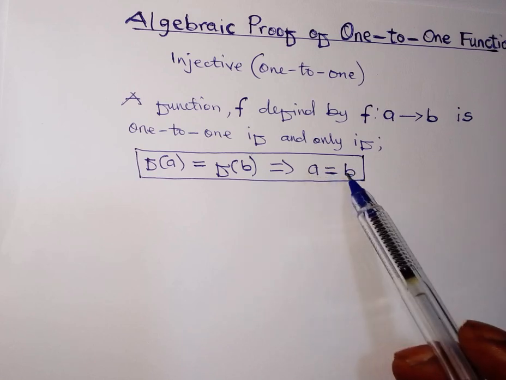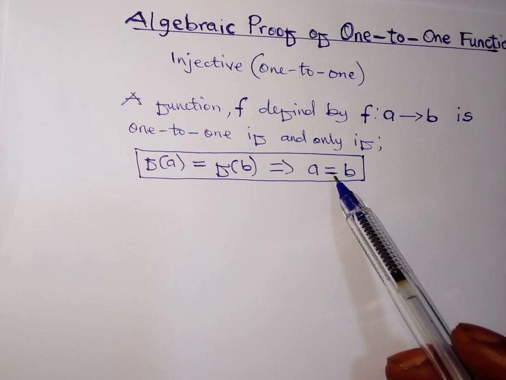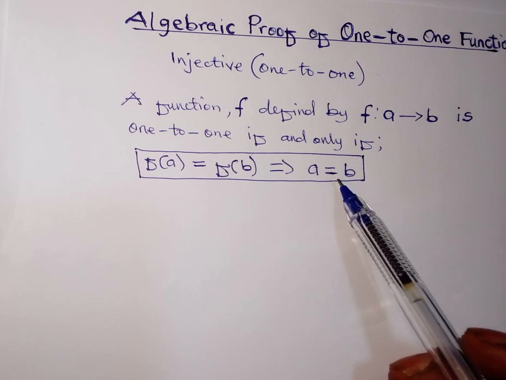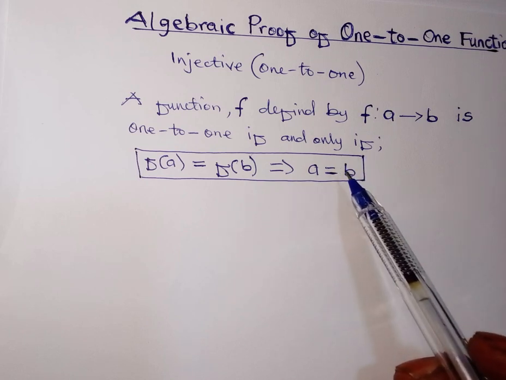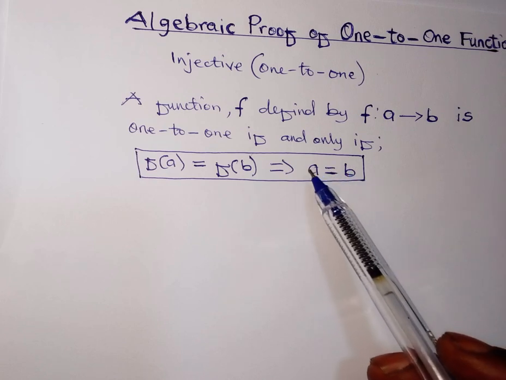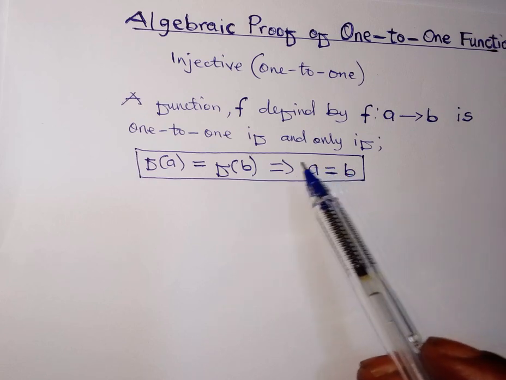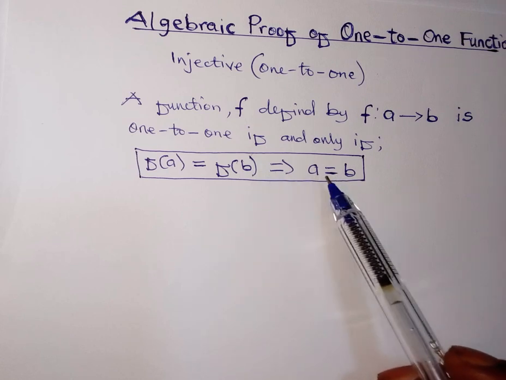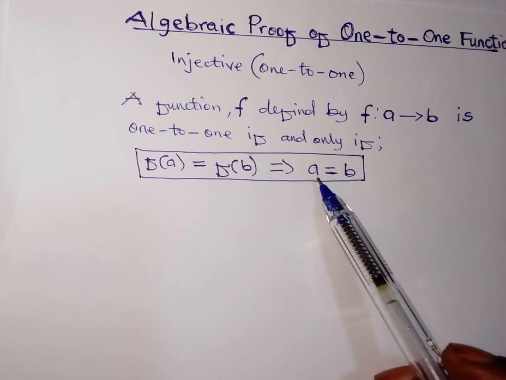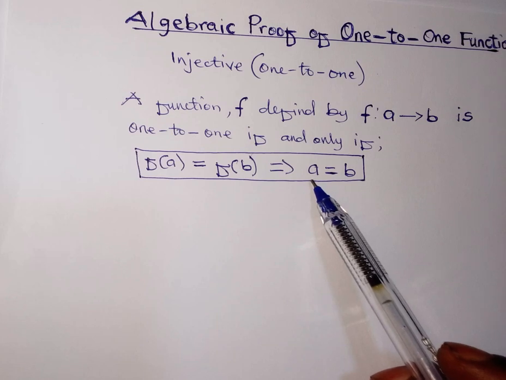Anything other than this ceases to be a one-to-one function. So when you are asked to prove or show that a function is one-to-one by algebraic proving, this will show that the function is one-to-one.